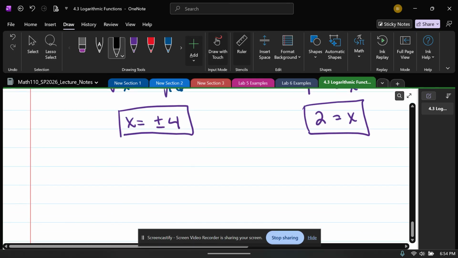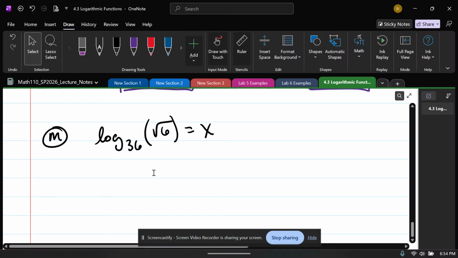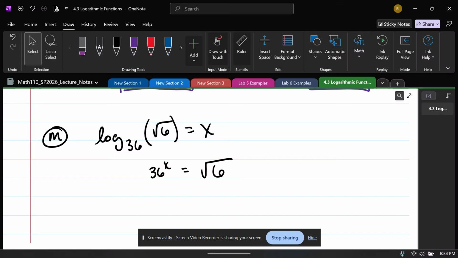Okay, LM. Log base 36 of the square root of 6 equals x. Okay, 36 to x equals the square root of 6.